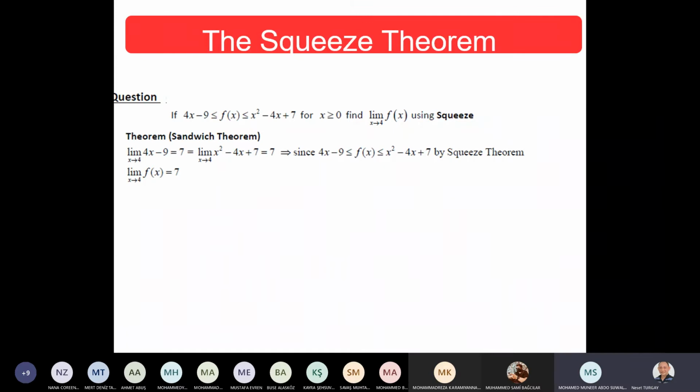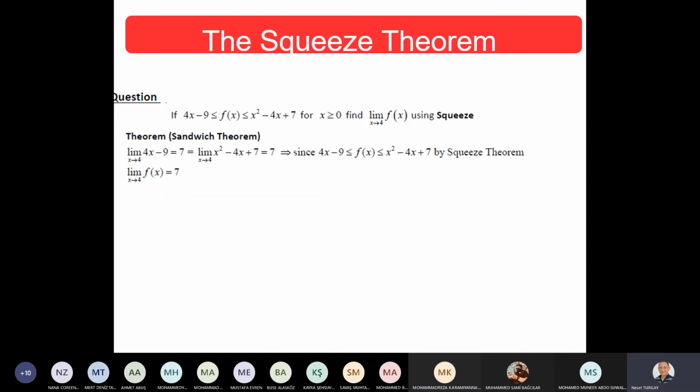Now, question. If 4x minus 9 is smaller or equal to f of x, and f of x is smaller or equal to x squared minus 4x plus 7, for x bigger or equal to 0, then find the limit of f of x when x goes to 4 using the squeeze theorem.